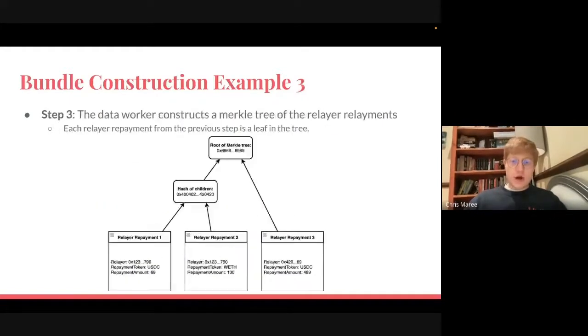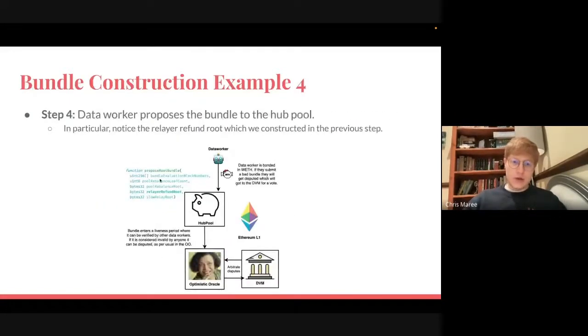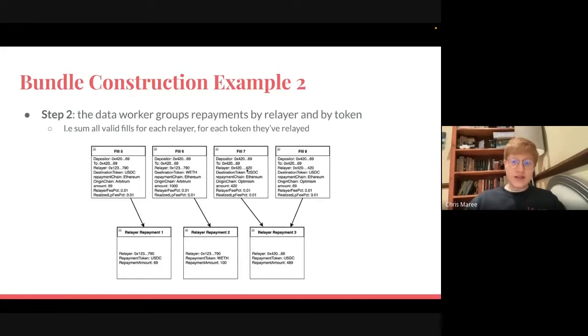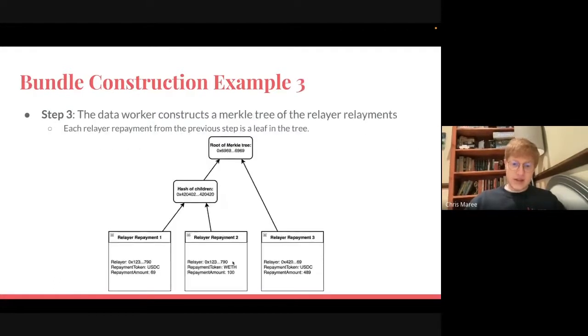The only part that's on chain is the blue and teal diagrams where we actually are submitting this information. And that's a really good question because we can illustrate some of the compression, right? Because you have all these different fills that are condensed into these smaller repayments. And this data structure could be massive, right? We could have like 100,000 relayer repayments, like in the example we had before.